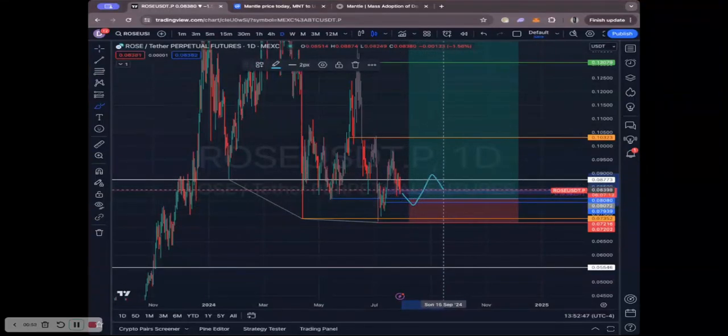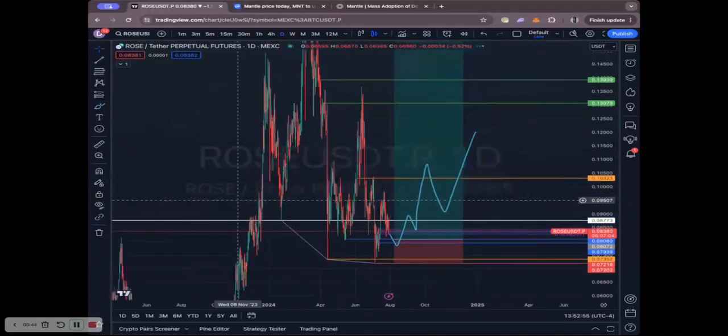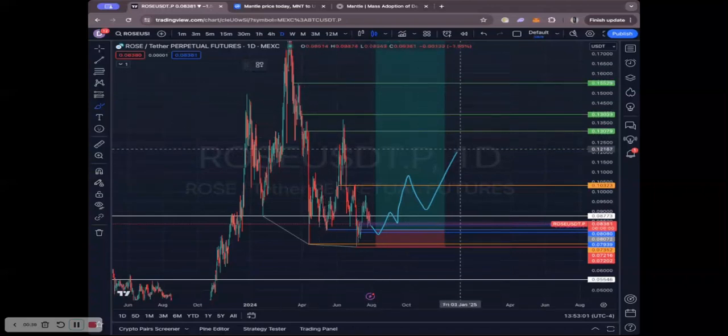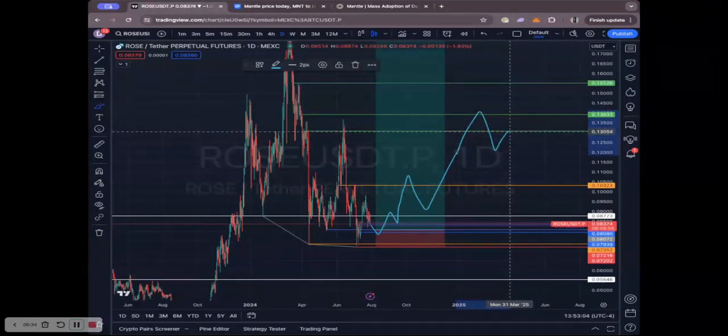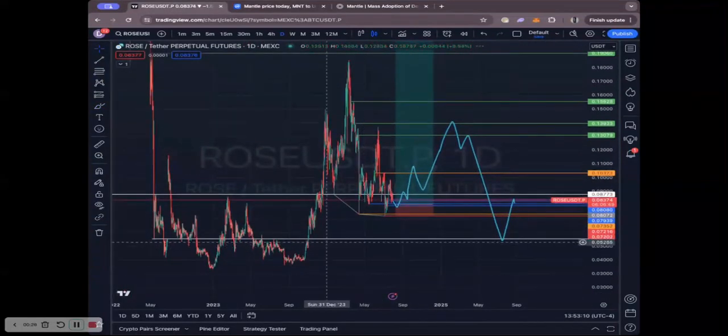And we pump, if we take this high and then are continuously unable to make a new high, and this range high is still kept, then I'd actually expect us to do a deeper drop again to take the range low here.